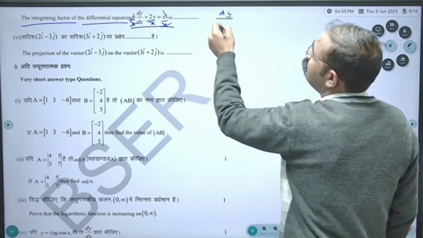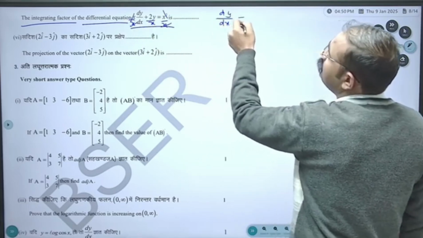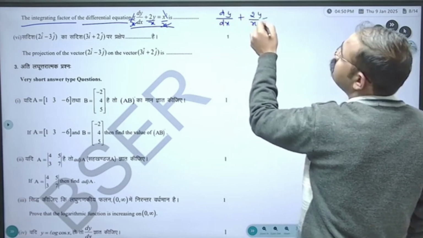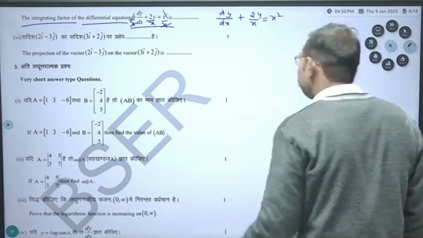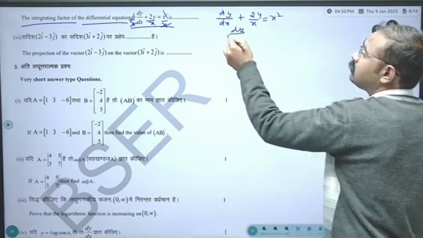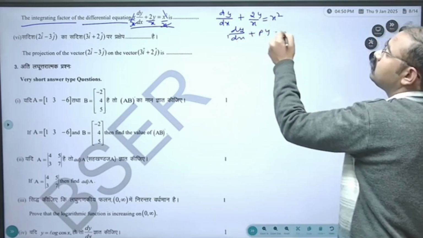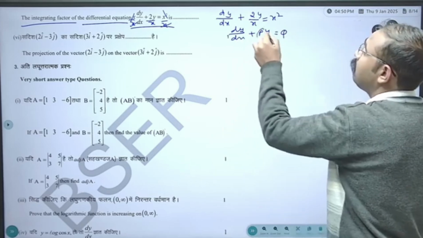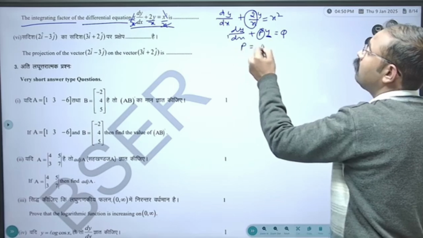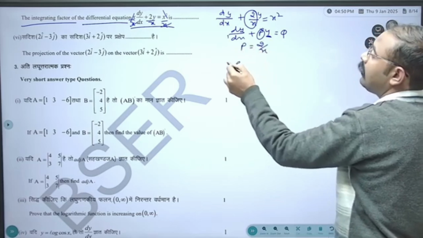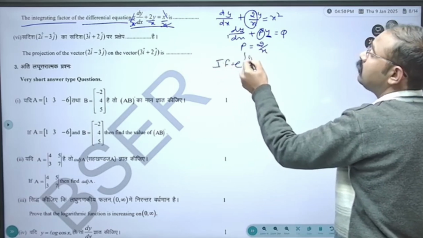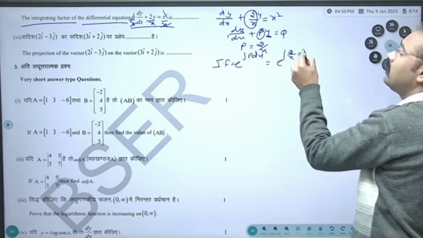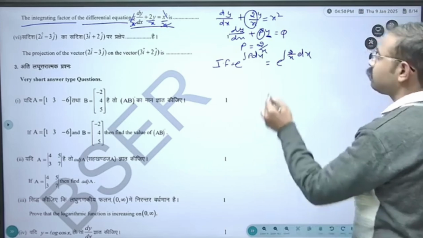So the equation we have now is dy by dx plus 2y by x is equal to x square, and this equation is in the form of dy by dx plus py is equal to q, and what is the multiple of y? P. Here p is 2 upon x, and the integrating factor is e raised to the power p dx, e raised to the power 2 upon x dx.